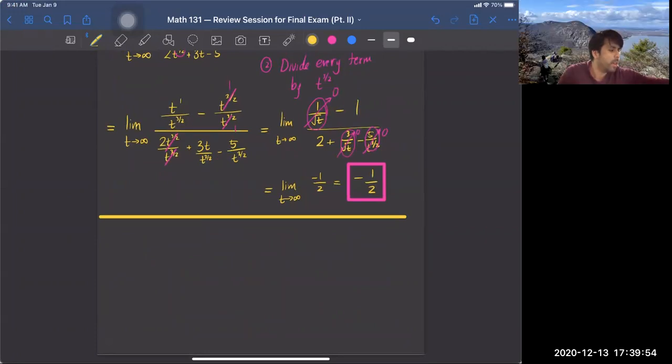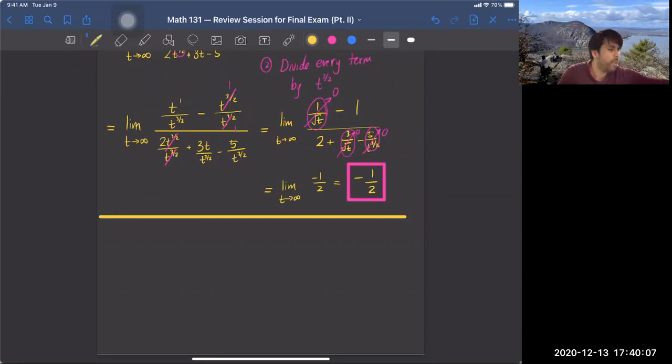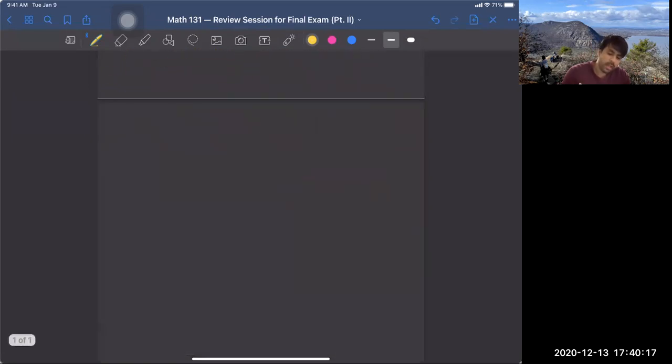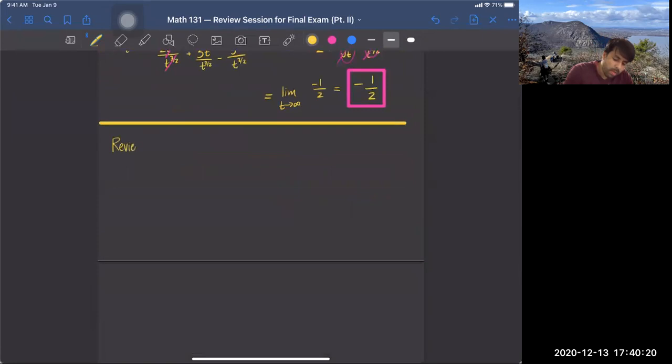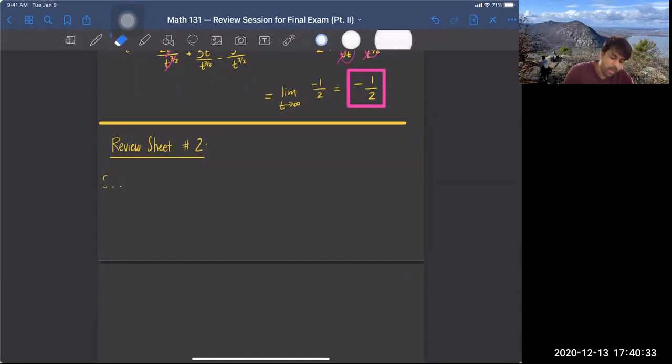Okay, so let's look at review sheet number 2, and then it's section 2.5, number 2.